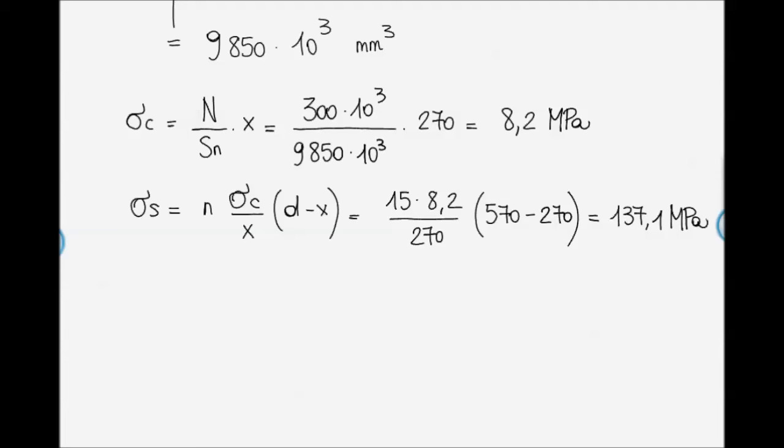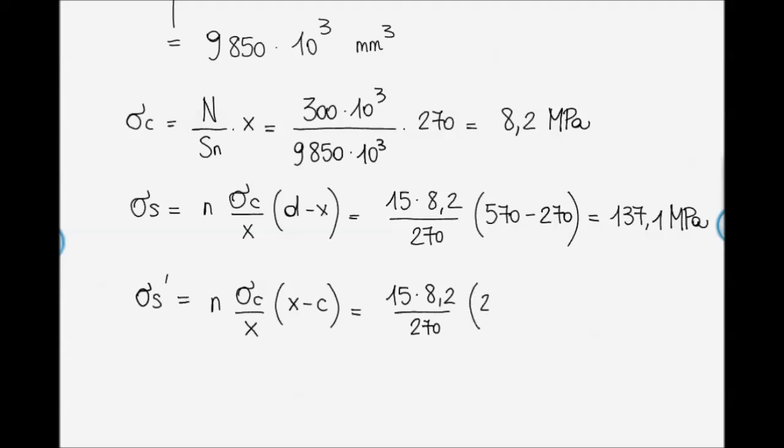Well, we can do the same thing, of course, for sigma S prime. That is n sigma C over x by x minus C. That gives 15 by 8.2 over 270 by 270 minus 30, the concrete cover.